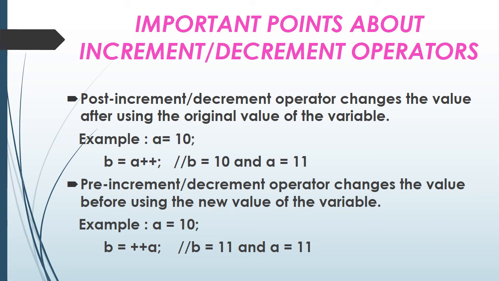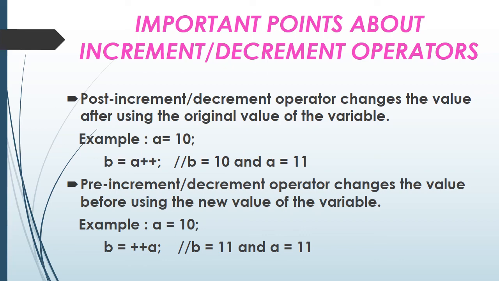So in this expression, first it will use the original value of a, and what was the original value of a? 10. So b will store the original value of a, that is 10. Then after using this value, a will increase, and a will be 11. That's why b will be 10 and a, after the increment, will be 11.